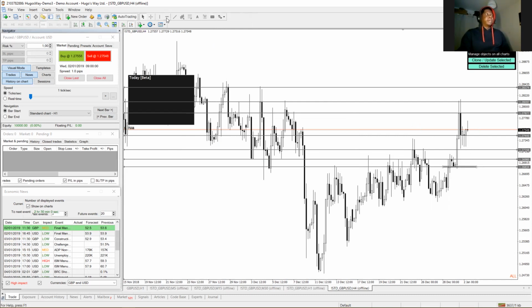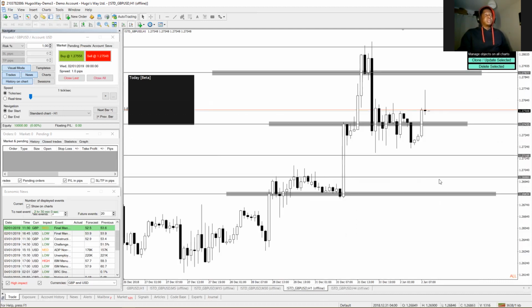But for buys, once price can hold this support level, we should be looking to target this resistance level for this trading session. So I'm going to clone all of this, then we'll work our way down to the hourly time frame.